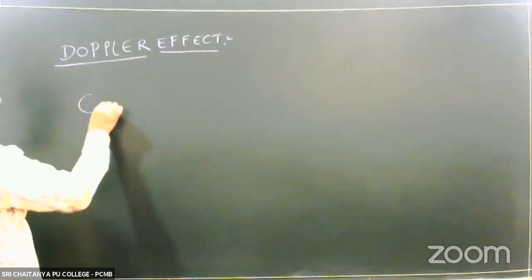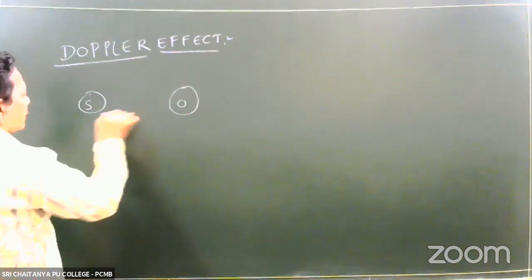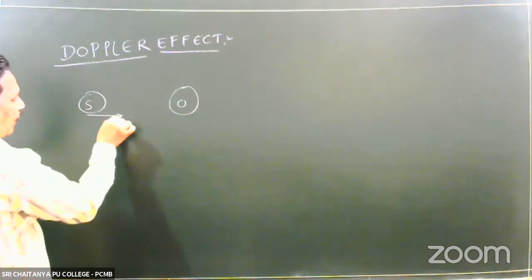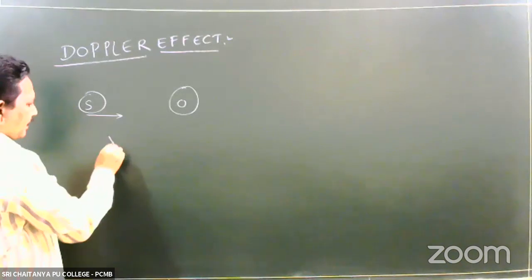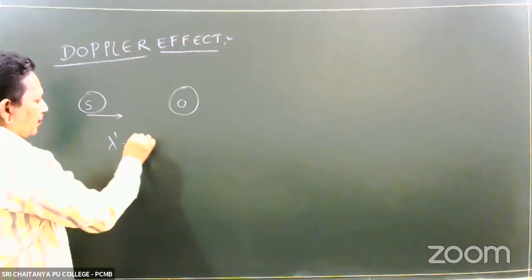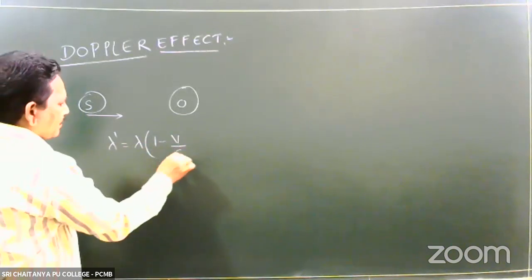Doppler effect. This is the source of light, and this is the observer. The source is moving towards the observer. The wavelength decreases: lambda dash is equal to lambda into (1 minus V by C).